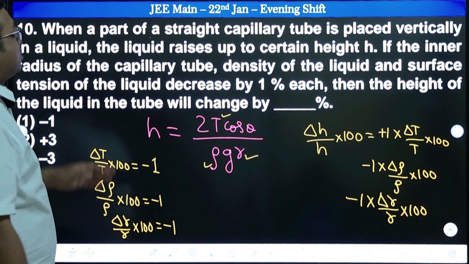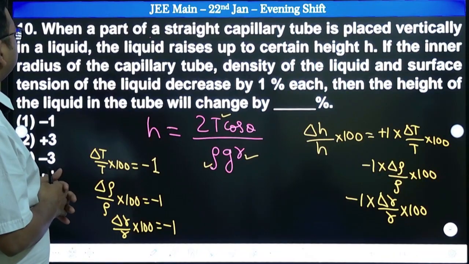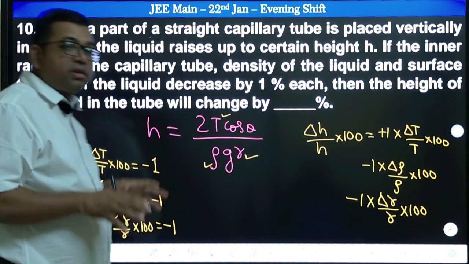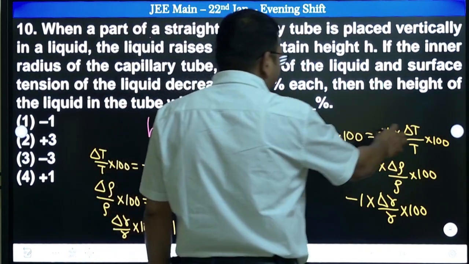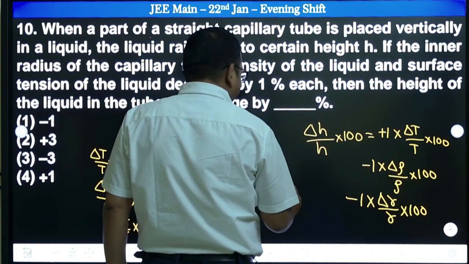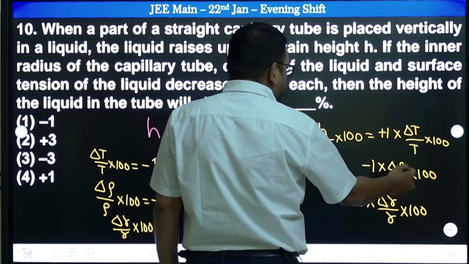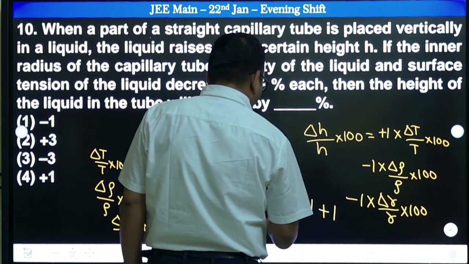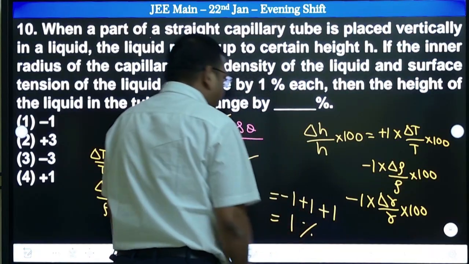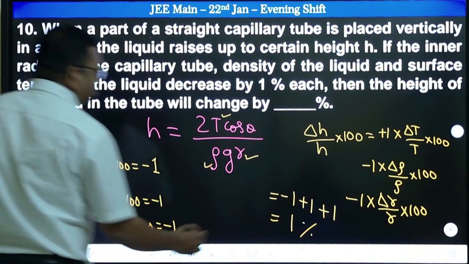Correct? Right? Everything is decreasing by 1%. Now we will substitute here. So delta T by T is minus 1 here, right? Here minus minus will become plus 1. Here also minus minus become plus. So we get 1%. Positive 1% we are getting.